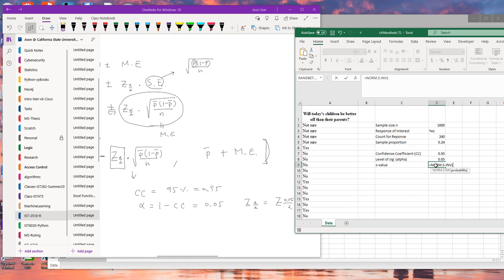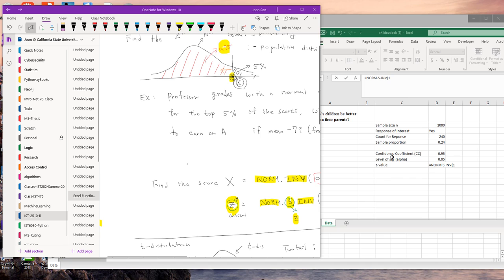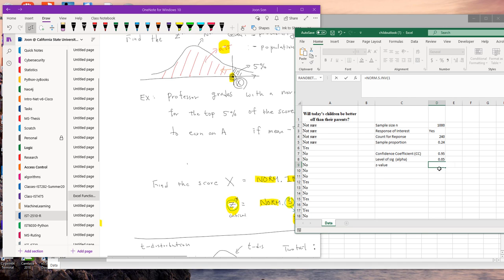So you can use NORM.S.INV of 1 minus alpha divided by 2, where alpha is the level of significance, so this is divided by 2.